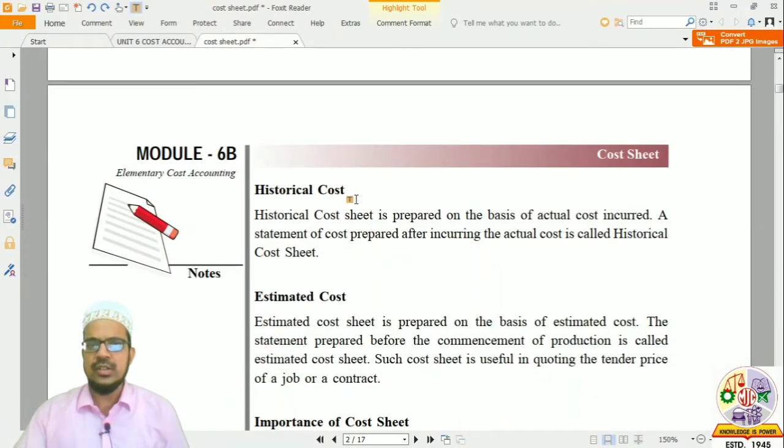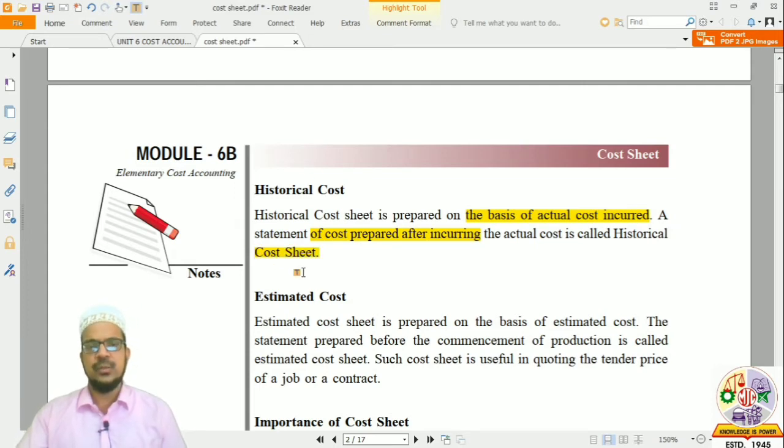In historical cost, the cost sheet is prepared on the basis of actual cost incurred. Here, the actual costs of production have already been incurred, and now we just wish to find out the total cost of production and the bifurcation of cost into various subtypes like material, labor, expenses, overheads, etc. A statement of cost prepared after incurring the actual cost is called a historical cost sheet.